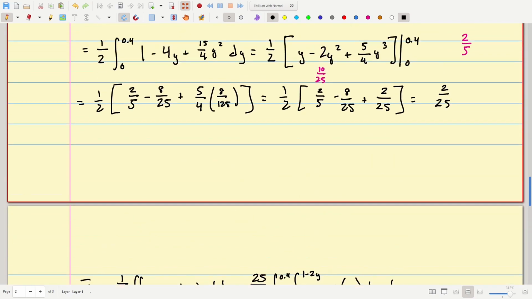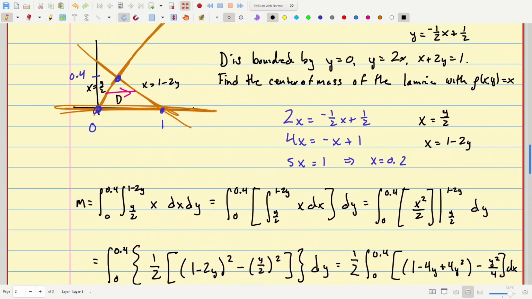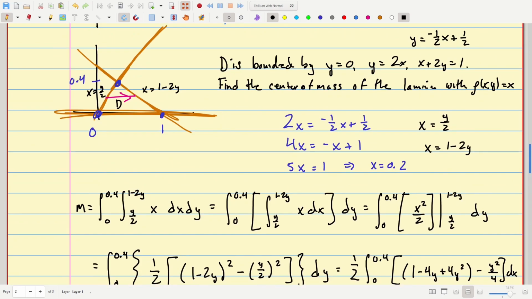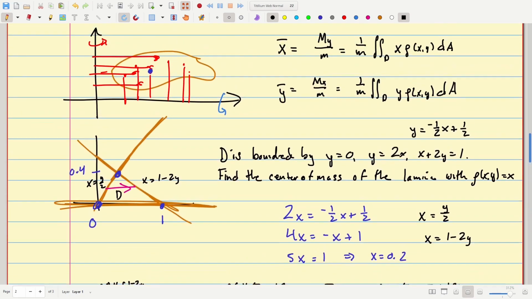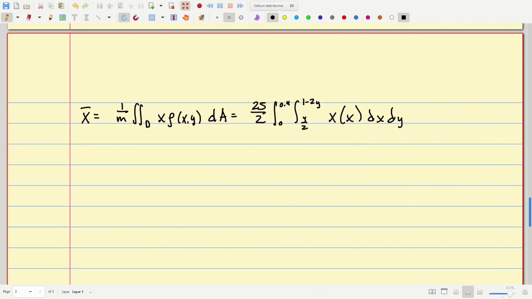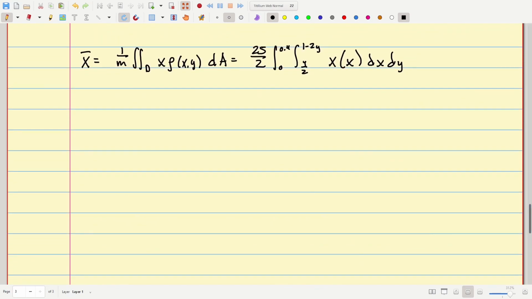Okay, the setup is the same stuff. All right, so it's the same kind of problem. All right, so to do y, same thing. I'm going to leave that aside.